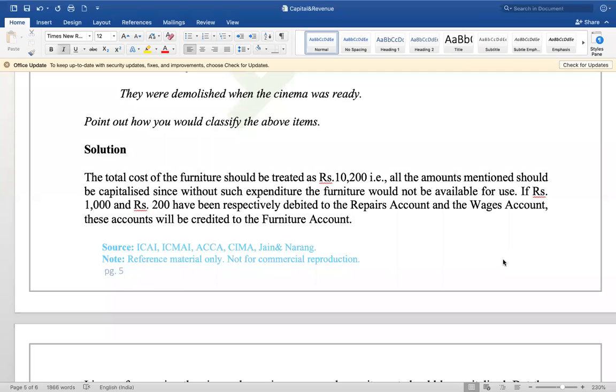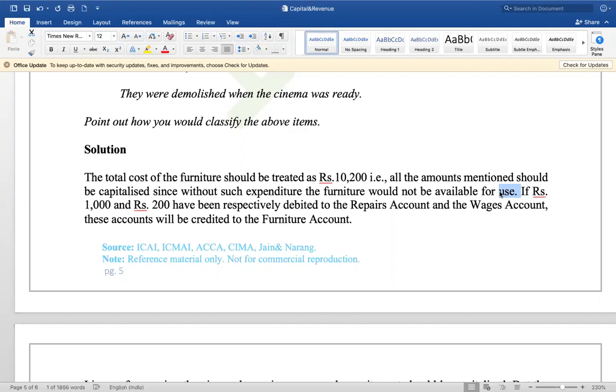For the reason, all the amounts mentioned should be capitalized, since without such expenditure, the furniture would not be available for use. If it is your own laborers, you will capitalize those 200. It means you will not again take it into wages.